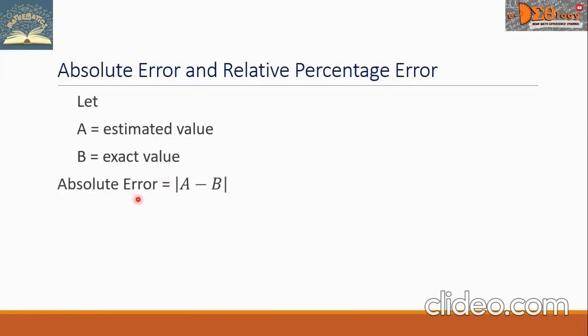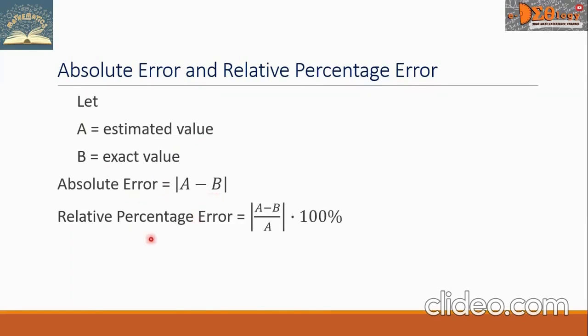For the absolute error, the formula is the absolute value of A minus B. For relative percentage error, it equals the absolute value of the fraction, the numerator is A minus B all over A, multiplied by 100%.